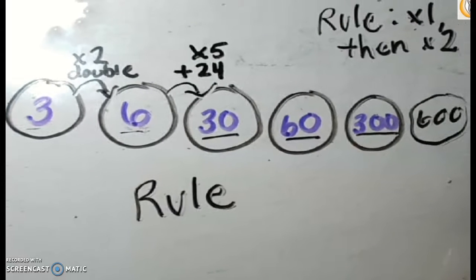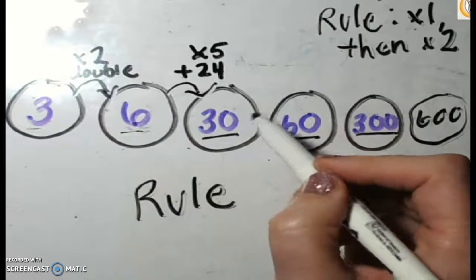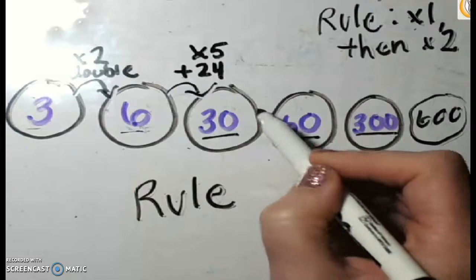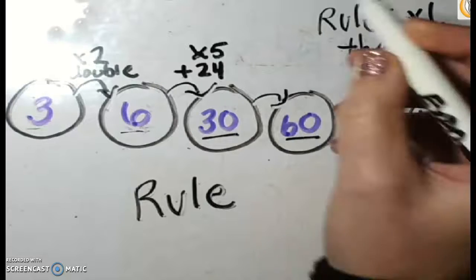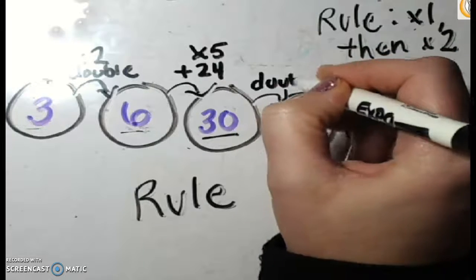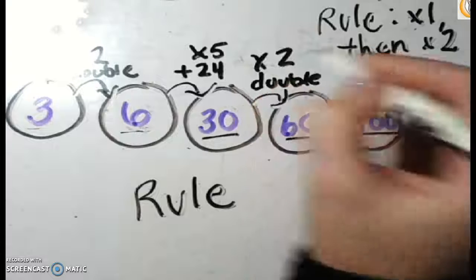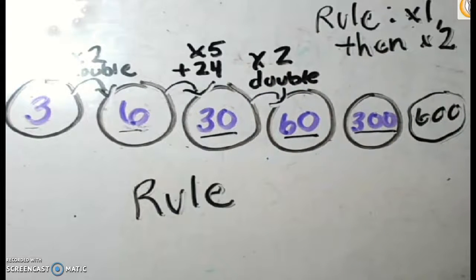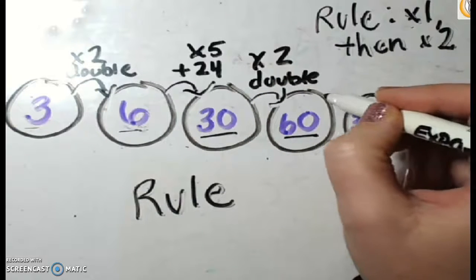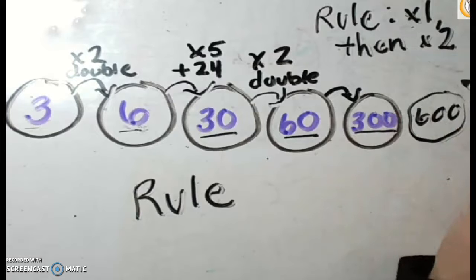All right, how do I go from 30 to 60? Again, I know I can double it, and whenever I double something, it's the same as multiplying by 2. That one seems easy. All right, now how am I going to go from 60 to 300?